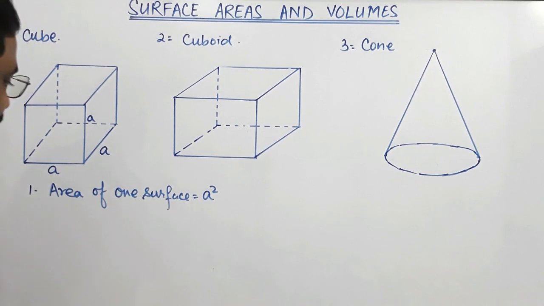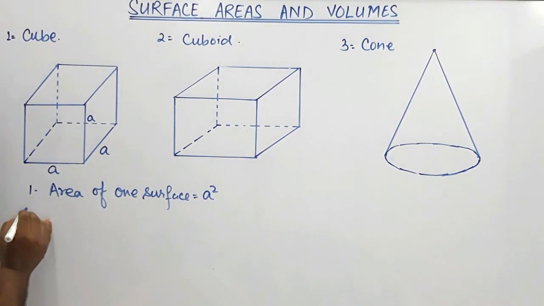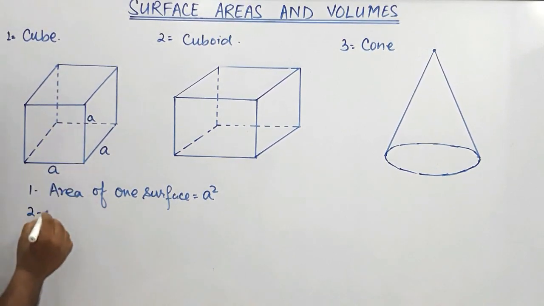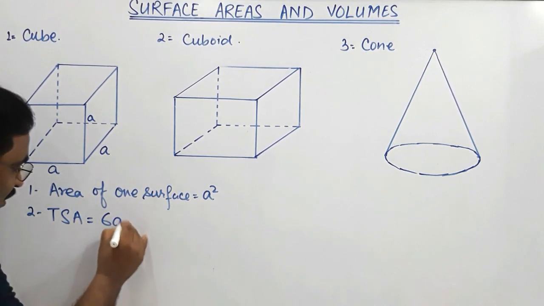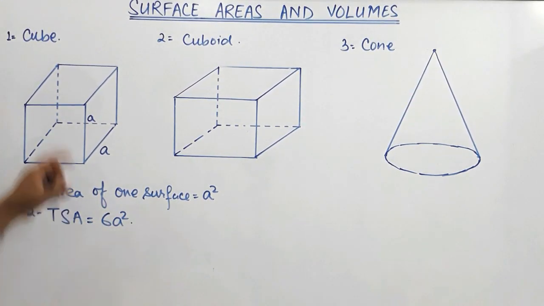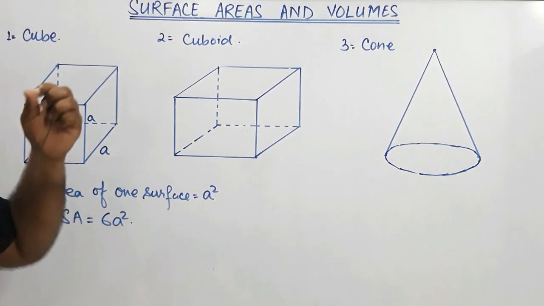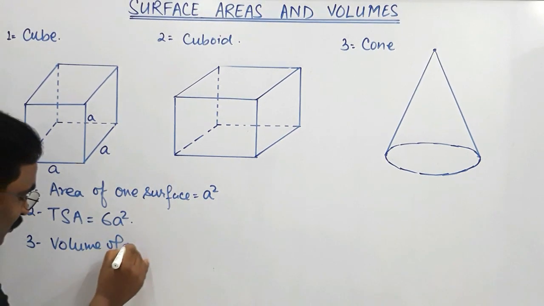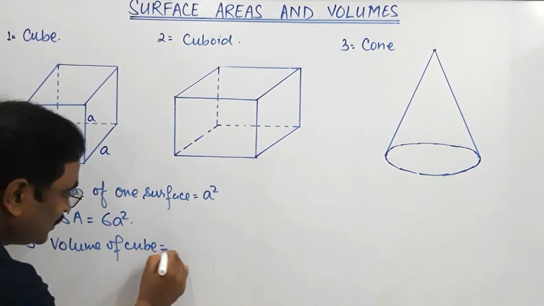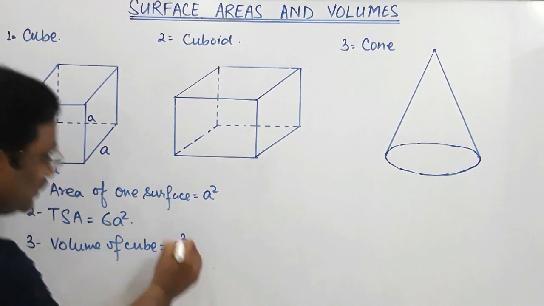Similarly, the total surface area, as you know, there are 6 surfaces, so total surface area TSA is equal to 6A square. This is the total surface area of the solid cube. Now you can write the formula of volume of cube is equal to A cube, means side cube.